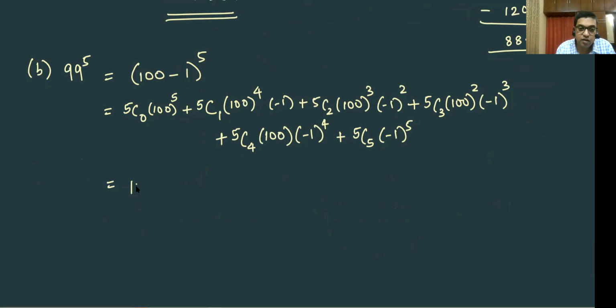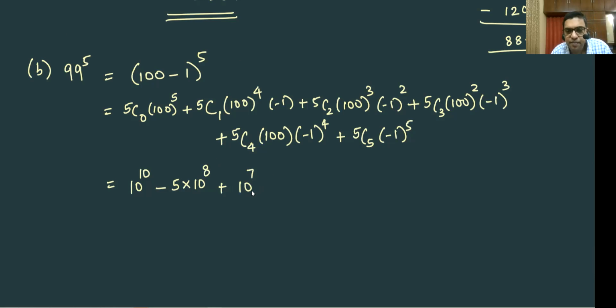So this is 10 power 10. And then this is 5 into minus 5 into 10 power 4. Then 5C2 is 10, this is 10 power 8.